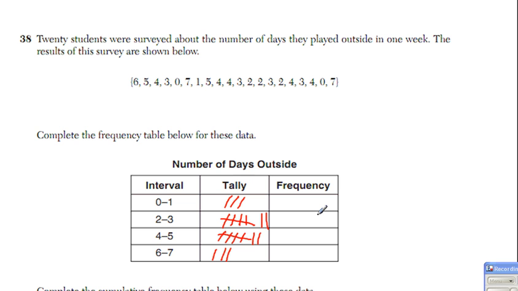Wow, this is exactly in the middle. So we have 3 frequencies. 7, 7, 3. Total we end up having 20. Very nice.